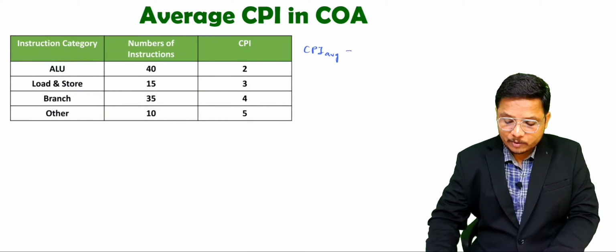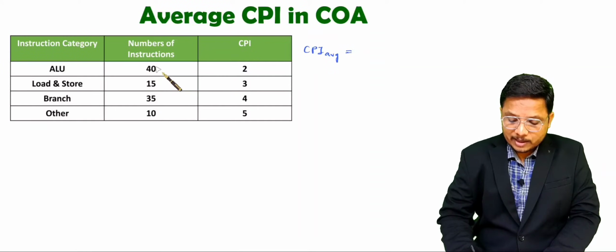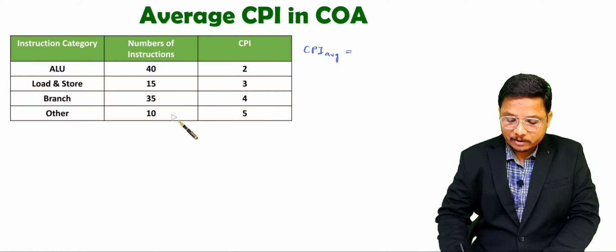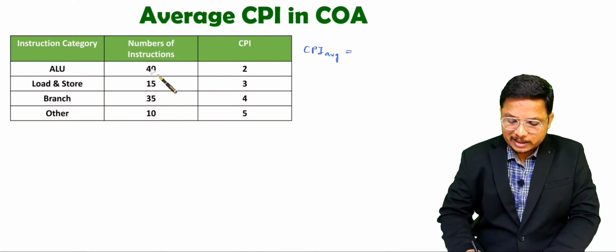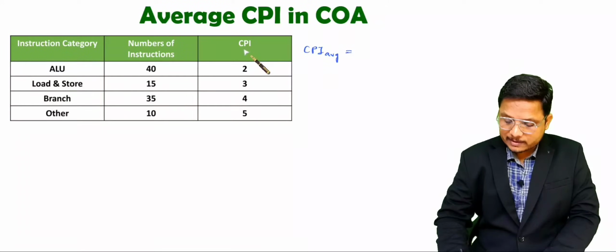Now, how to calculate the average? Average means 40 into 2 plus 15 into 3 plus 35 into 4 plus 10 into 5, divided by the total instructions; that will give you the average CPI.